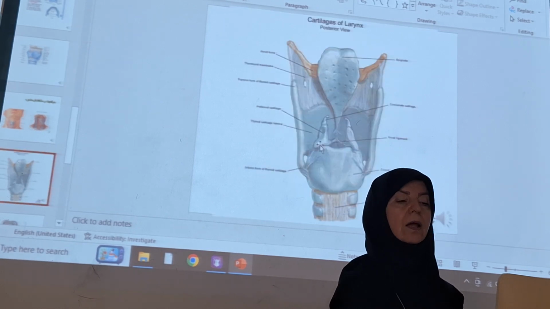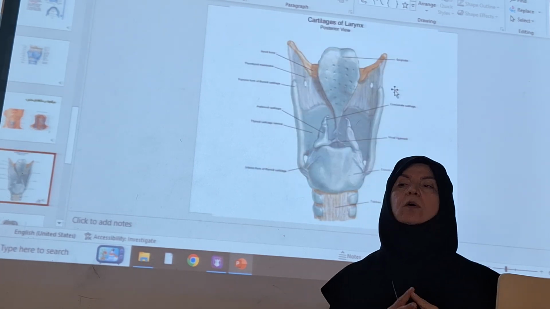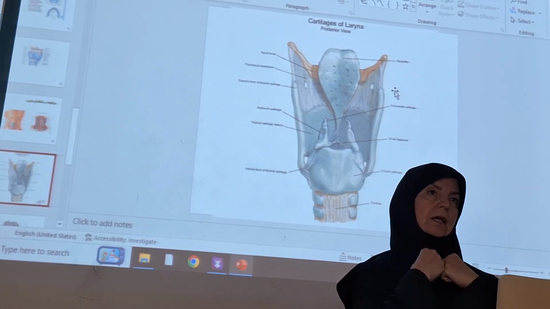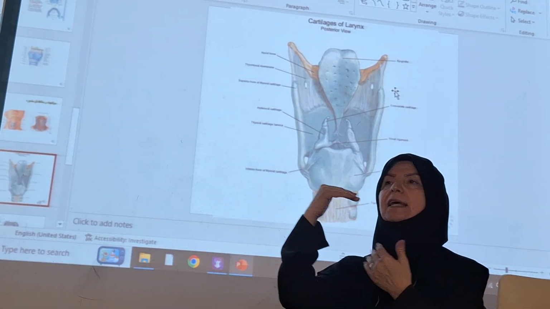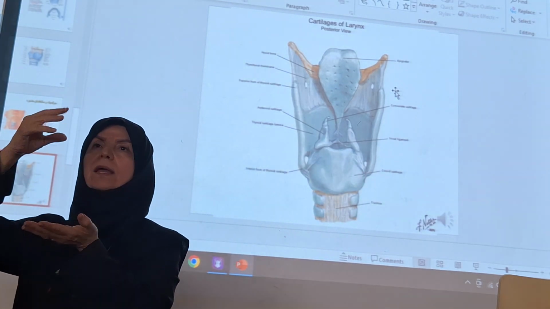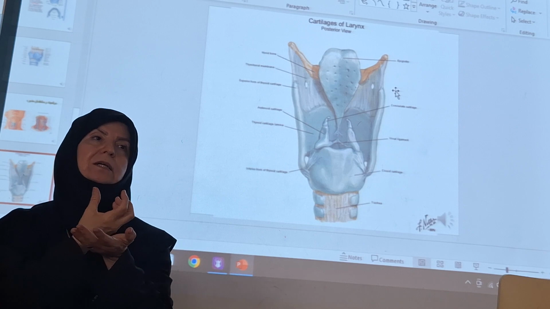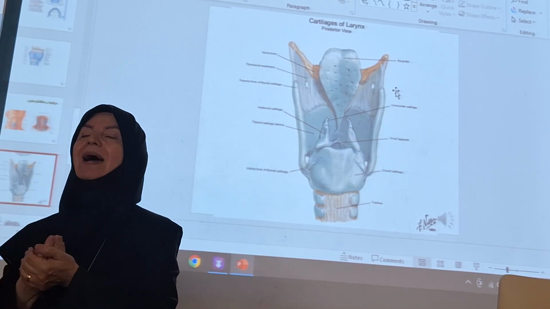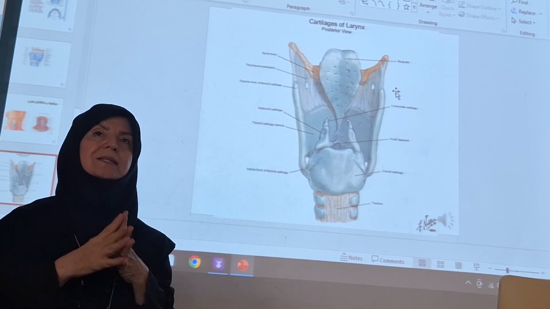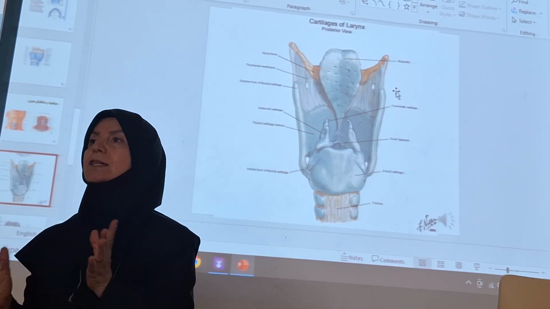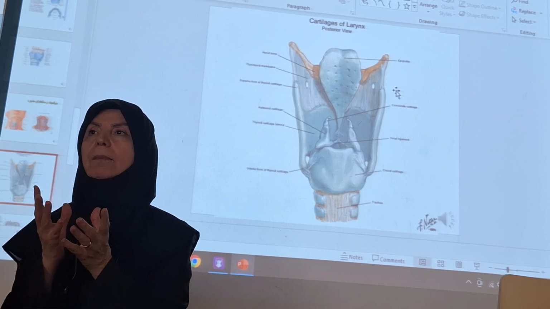Okay? Now, when you swallow, when you are eating, you know the pharynx is a tube through which, during swallowing, the food is passing. During breathing, the air is passing. So it is better that when you are eating, never speak, because you are going to make a problem.